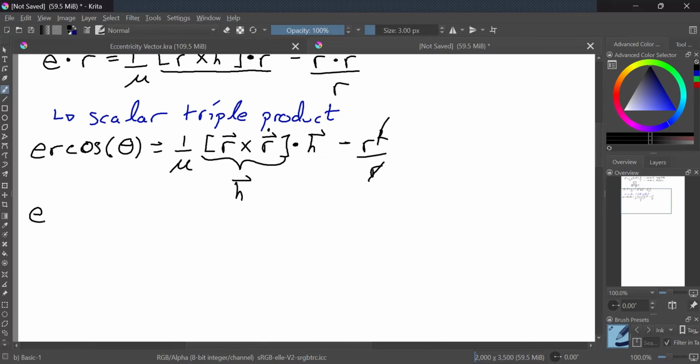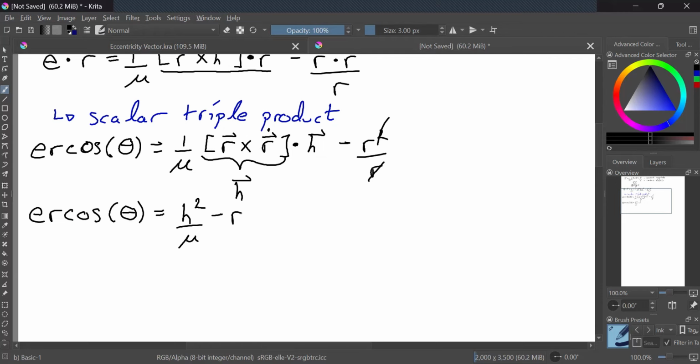So we have er cosine of theta is equal to magnitude of h squared over mu minus r. And these are all scalars now because we've taken dot products.